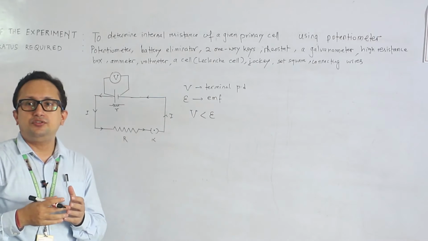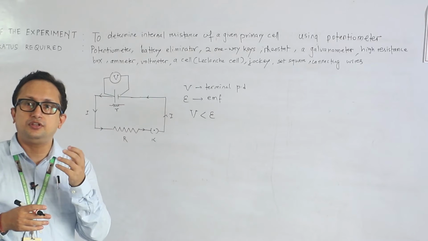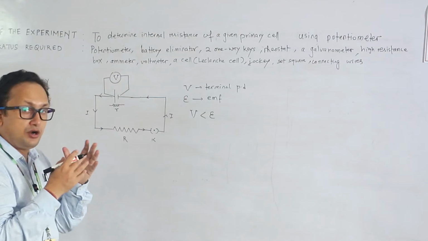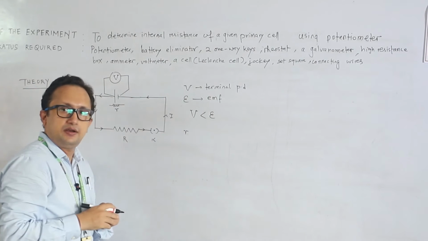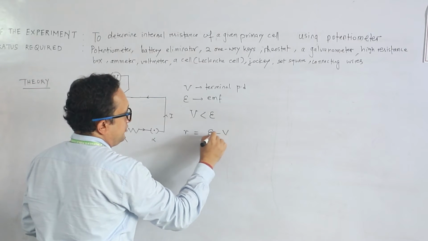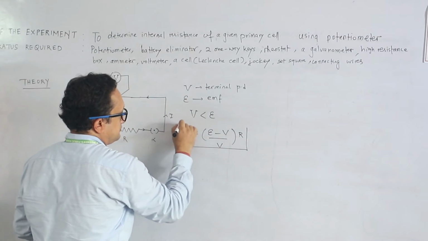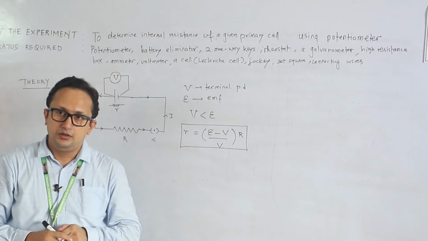It is the resistance offered by the electrodes and electrolytes of the cell to the flow of electric current. How do we find it out? Well, we had found out that internal resistance r is given by (E minus V) by V into R. So this is our working formula.